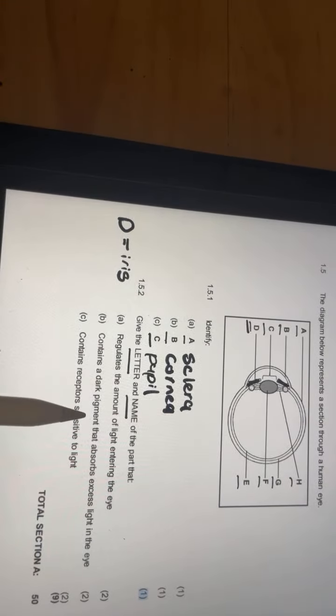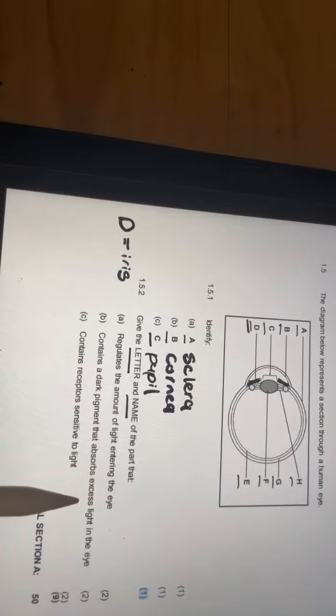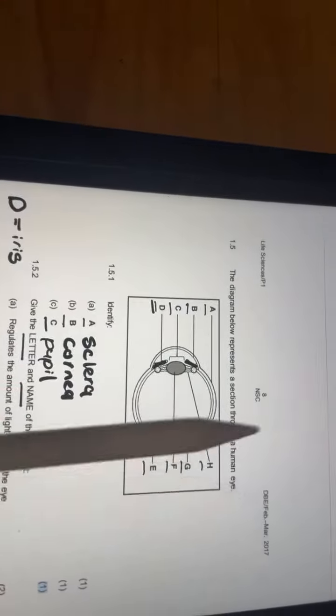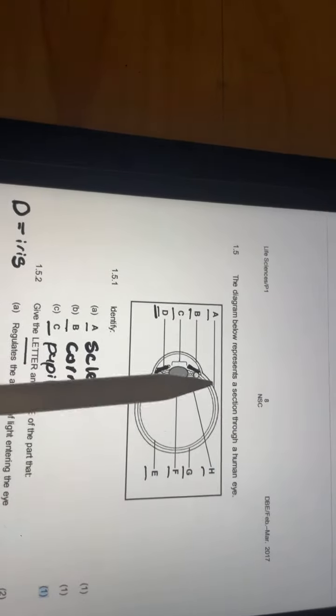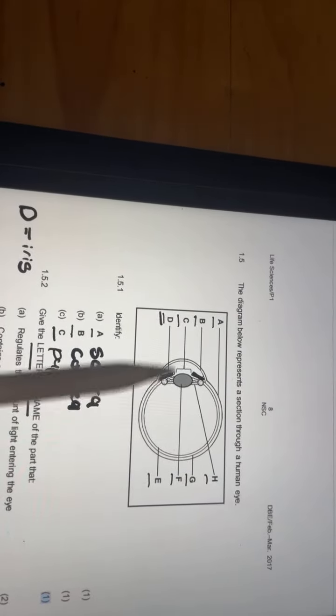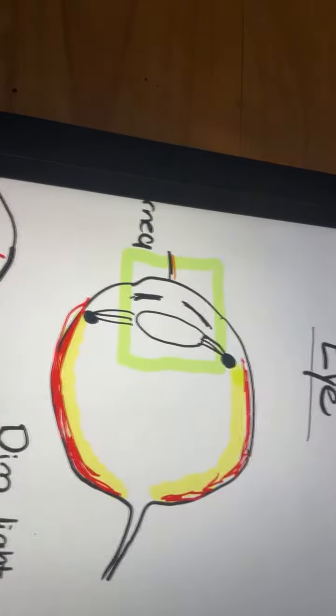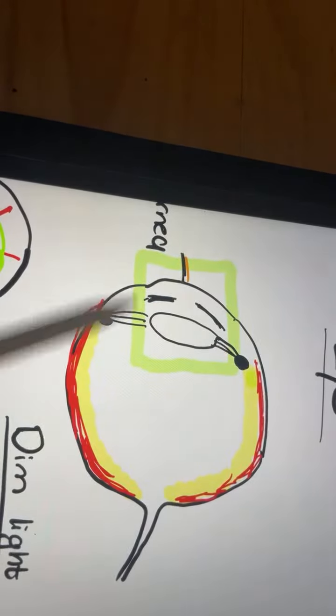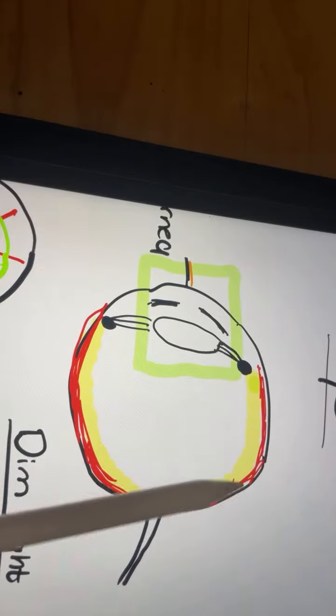Okay. The next bit says contains a dark pigment that absorbs excess light in the eye. So we go back up to the picture here now. Now you need to know the layers that sit in and around your eye. And as I mentioned to you in our earlier part of the video, I highlighted some of the key structures, and I also highlighted the layers.